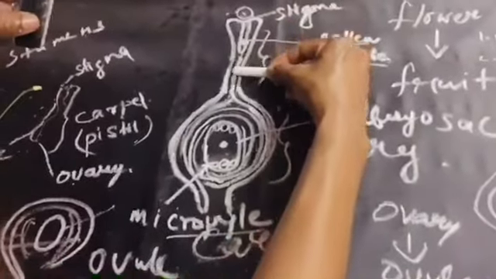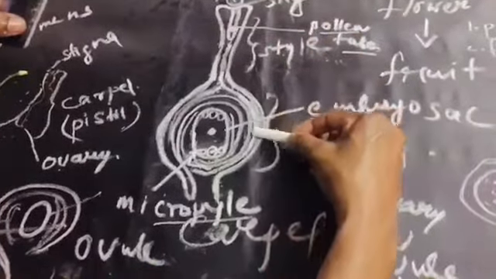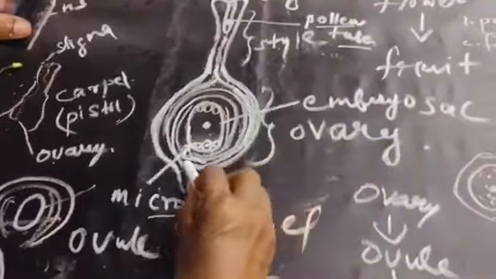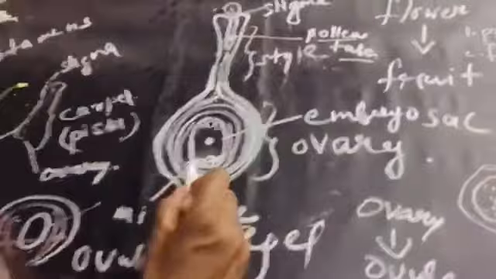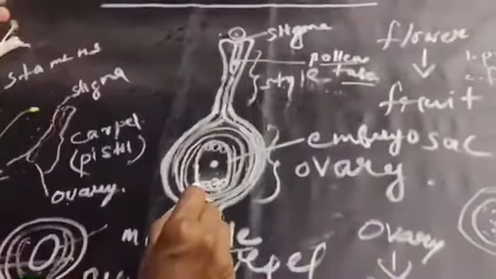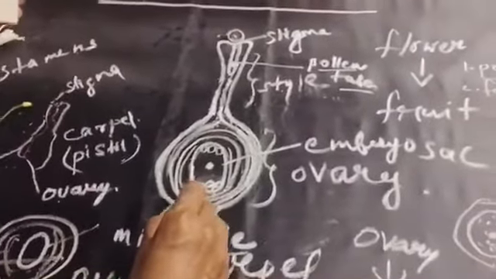Inside the ovule, embryo sac. So you can see the pollen tube grows down through the style and reaches the ovary, and it enters through the micropylar region, that is the opening in the ovule, and enters inside the ovule and reaches the embryo sac.